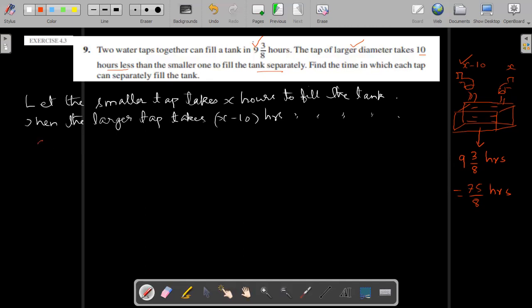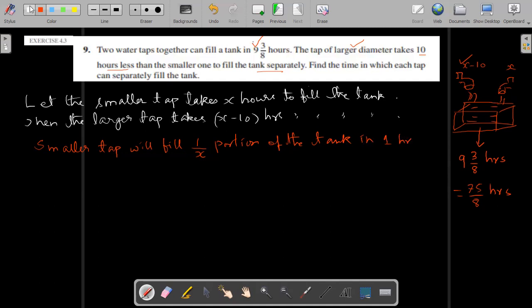The smaller tap will fill 1 by x portion of the tank in 1 hour.